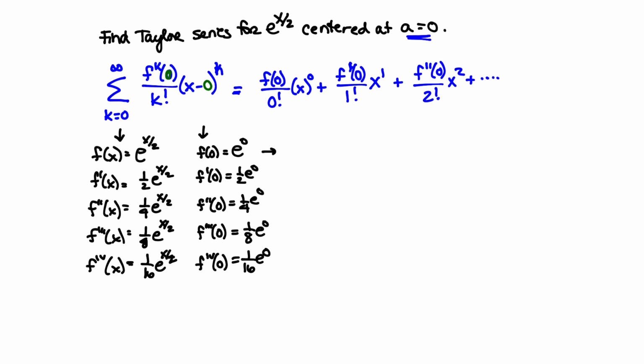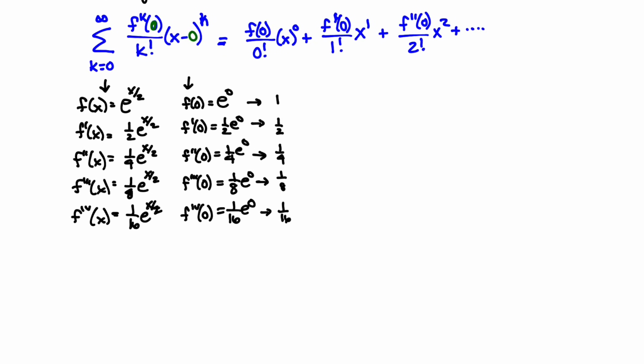So you're right, that just becomes 1, and then 1/2, and then 1/4, and then 1/8, and 1/16. That's kind of cool how that works out. And those pieces are my derivative pieces.